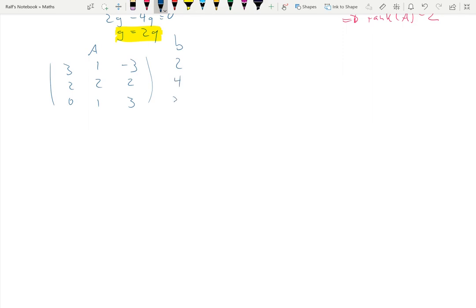Okay, so what (A, B) is basically we're putting these 2 matrices together into one matrix. Okay, we are now looking at this entire matrix. So this is a 3x4 matrix.